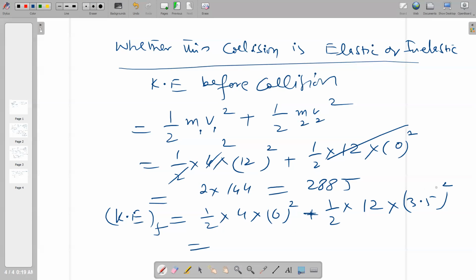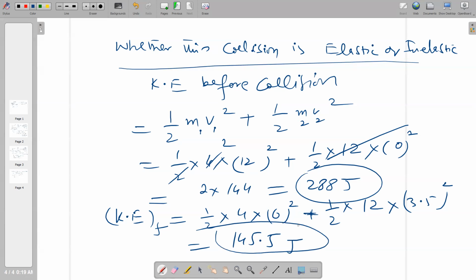If you solve this, you will get the answer around 145.5 joules. So it means this value and this value are not equal. That's why the collision is inelastic. In this way, you can solve the problems of elastic and inelastic collisions.